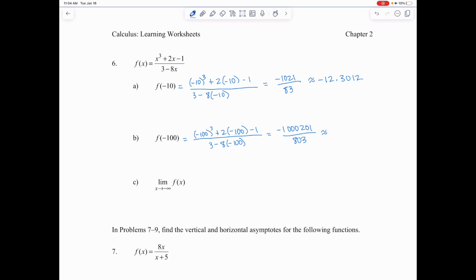And that we can approximate to negative 1,245.58. Now, our property tells us when the numerator exponent is greater than the denominator exponent, it can go to positive or negative infinity. In this case, we could see it's going to negative infinity.